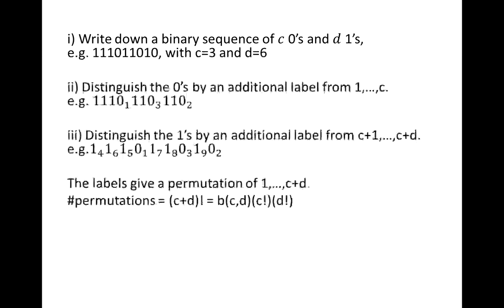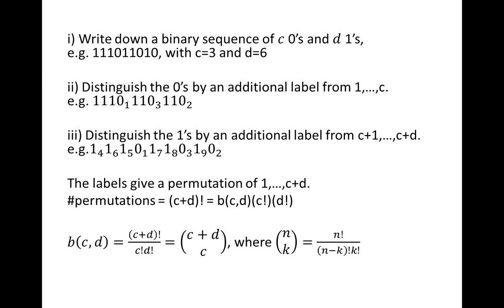In the second step, we have C factorial ways to assign labels. In the third step, we have D factorial ways to assign labels. If we suppose there are B(C,D) ways in the first step to write the binary sequence, we have (C plus D) factorial equal to B(C,D) times C factorial times D factorial.